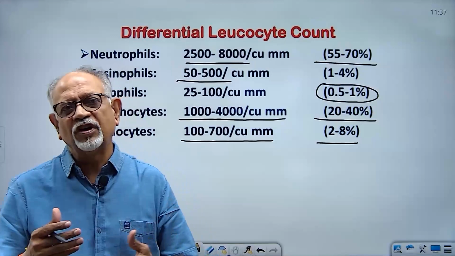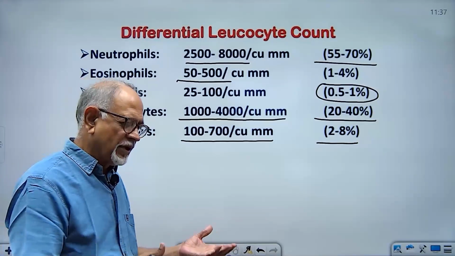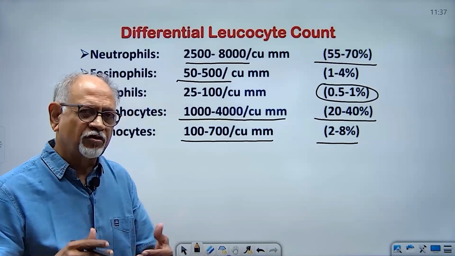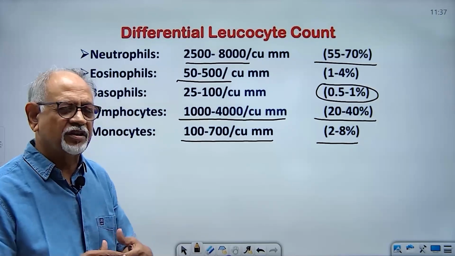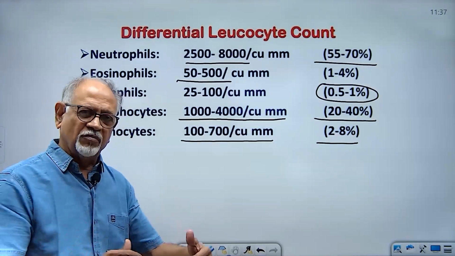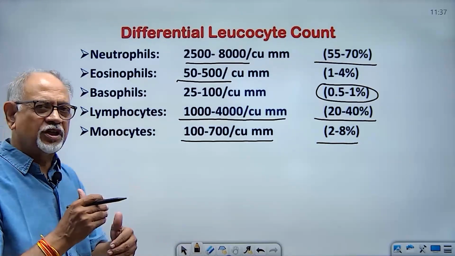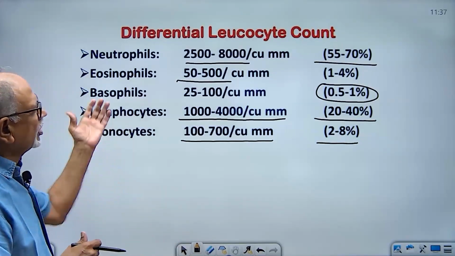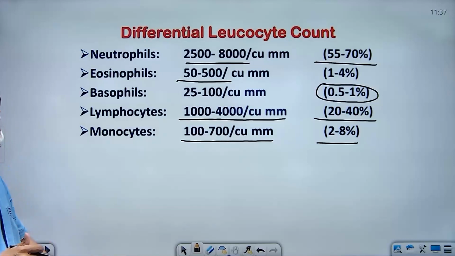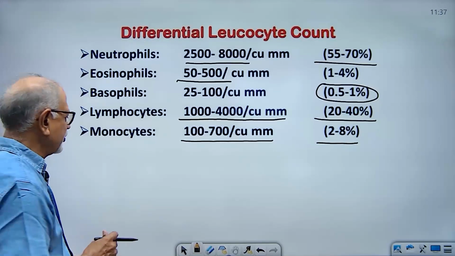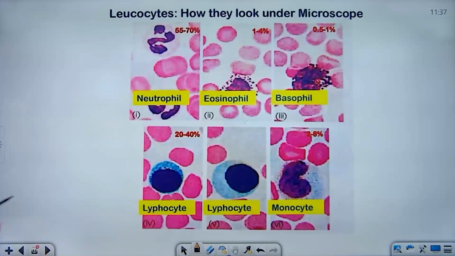The neutrophils take neutral dye stain, the eosinophils take acidic stain, the basophils take basic stains, and so on. Then they are counted under the microscope, and that counting is called DLC, or differential leukocyte count.